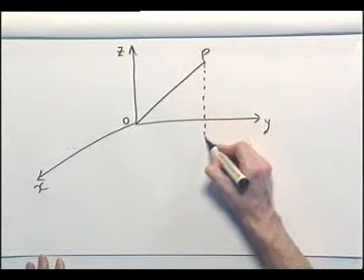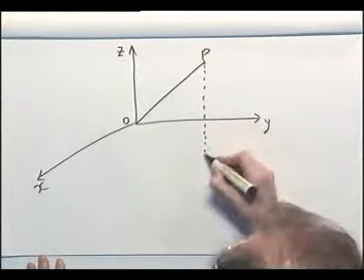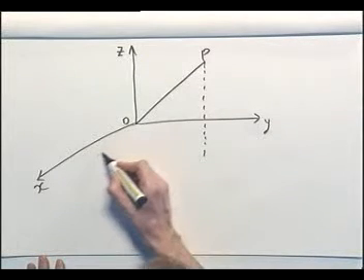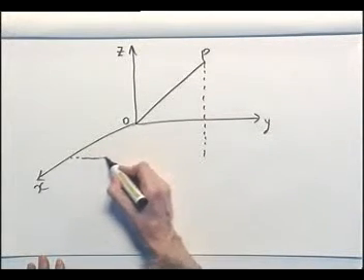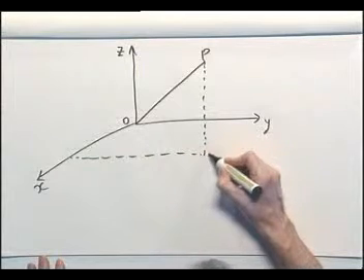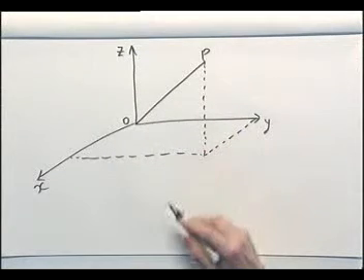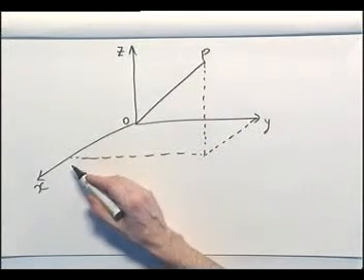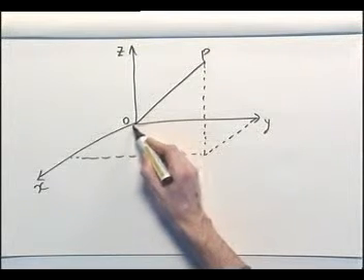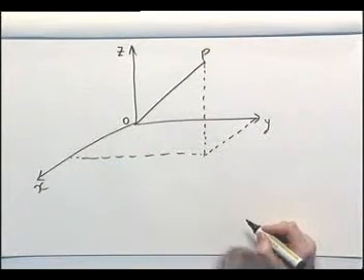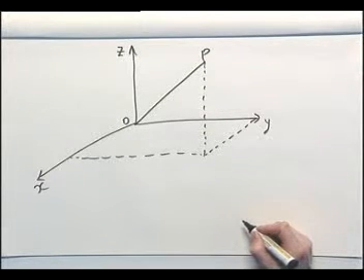Again, drop that perpendicular down onto the xy plane. And I'll draw this in across here and that in there. Now, this line OP makes an angle with this axis here. It makes an angle alpha.